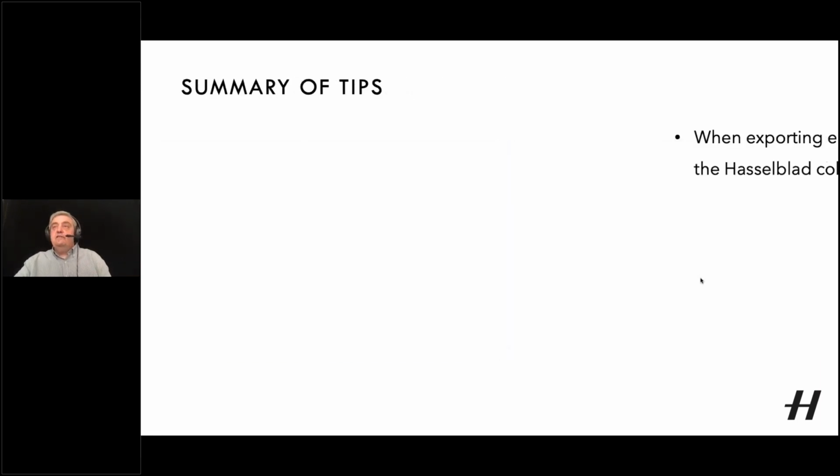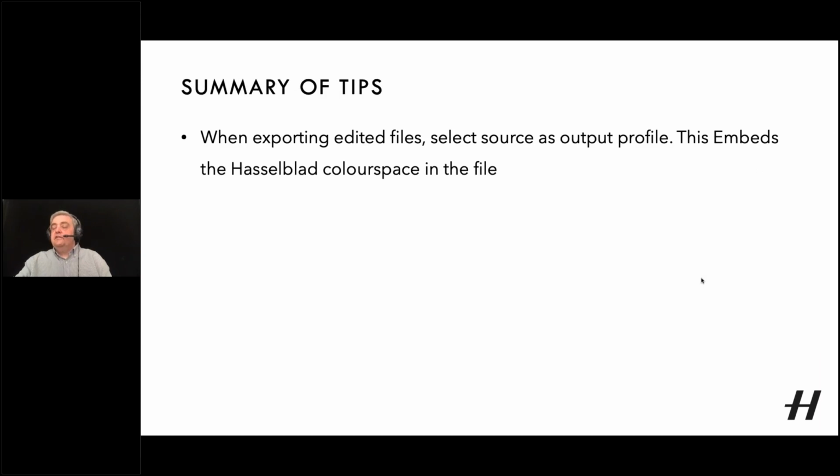So, a quick summary then, to maximize color in this workflow for Hasselblad color we're talking about here. Most important, when you've completed the work in Hasselblad Phocus and you want to take that file out as a high-res TIFF, 16-bit, something like that, when you export the file, it's important that you use the source as the output profile.